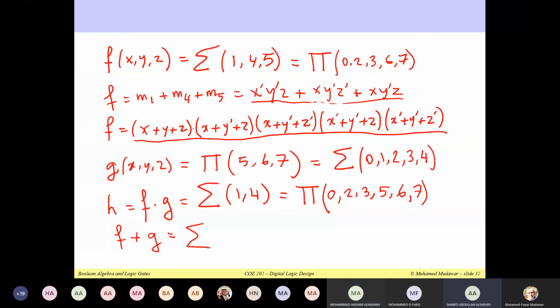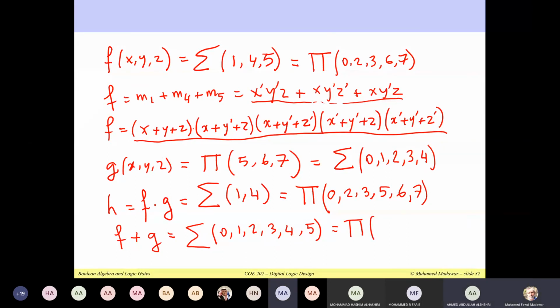So what are these? 0 to 5, I think. Yes, 0, 1, 2, 3. 0 to 5. Excellent. Thank you. So we're going to write 0, 1, 2, 3, 4. All of these exist in g, but also we have 5 that exists in f. Can I write this as a product of max terms?